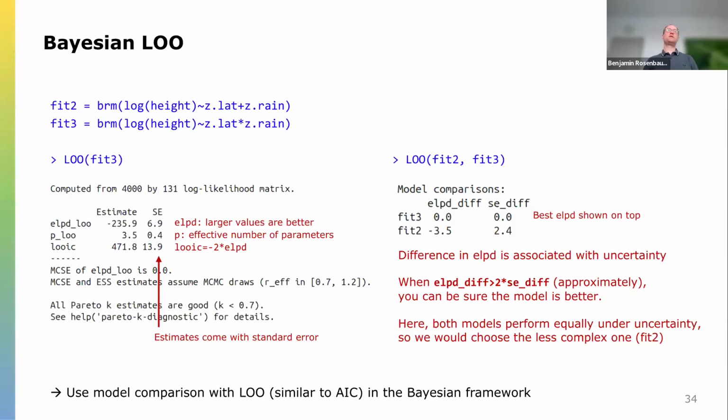It's very easy to use this with brms. There's just a function that calculates this for you. For instance, if you want to test two models against each other, one is the additive model, and the other one is where you have an interaction with rainfall.